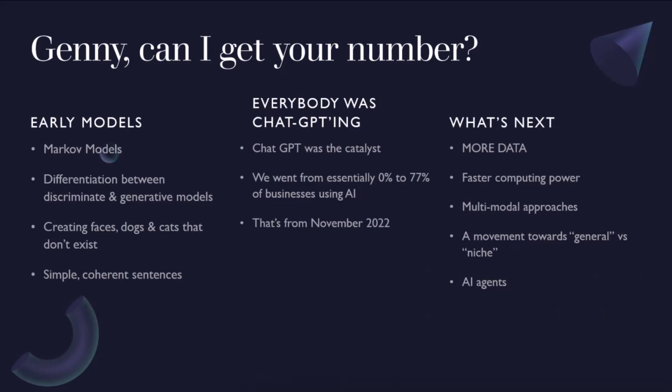And we went from essentially 0% of businesses, nobody using AI, to 77% as of 2023 of businesses using AI. That's from November 2022. Okay, that is absolutely mind-boggling of a movement, right?